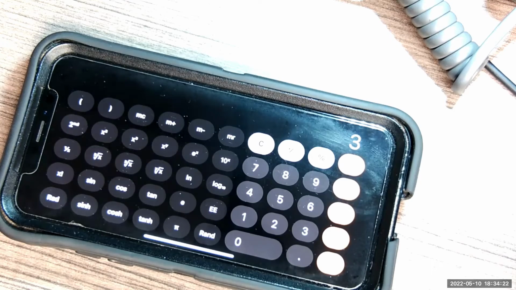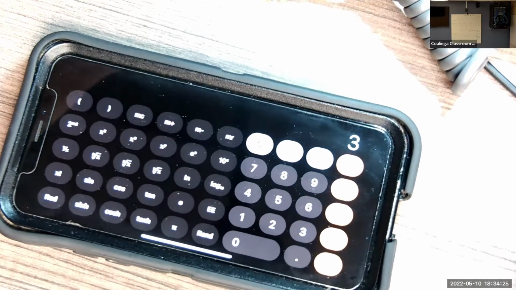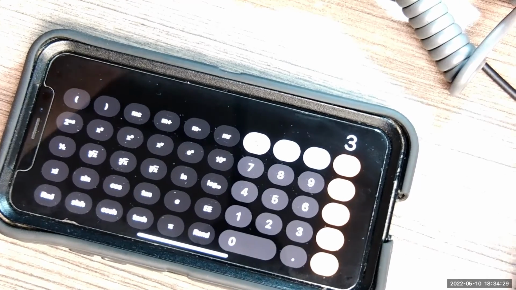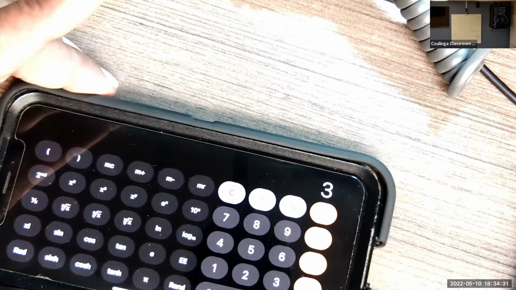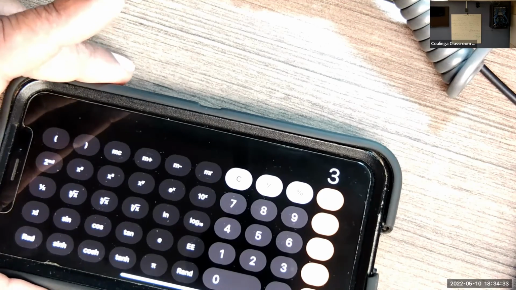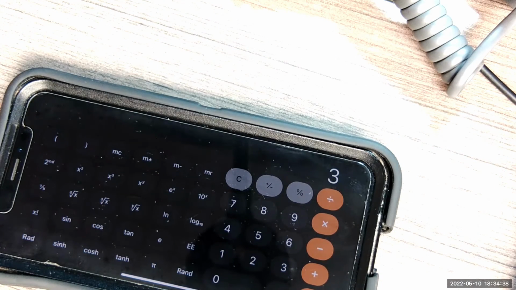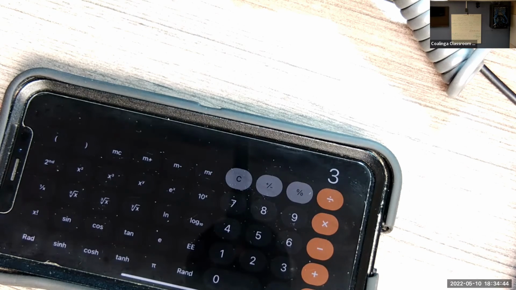How would you do that on a calculator? That's what we just did on the calculator. Not on the phone though. It's the same key. It should say log on your calculator. You have a plus and minus.